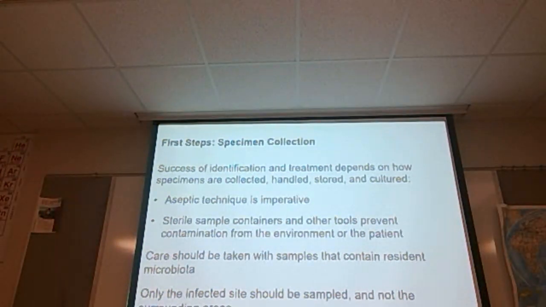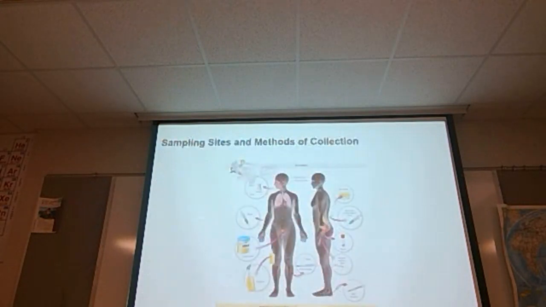You should only be sampling the infection site, and be sure to steer clear of any surrounding areas, because the more of the surrounding areas you sample, the greater the possibility of getting those resident microflora or resident microbiota included in your sample.